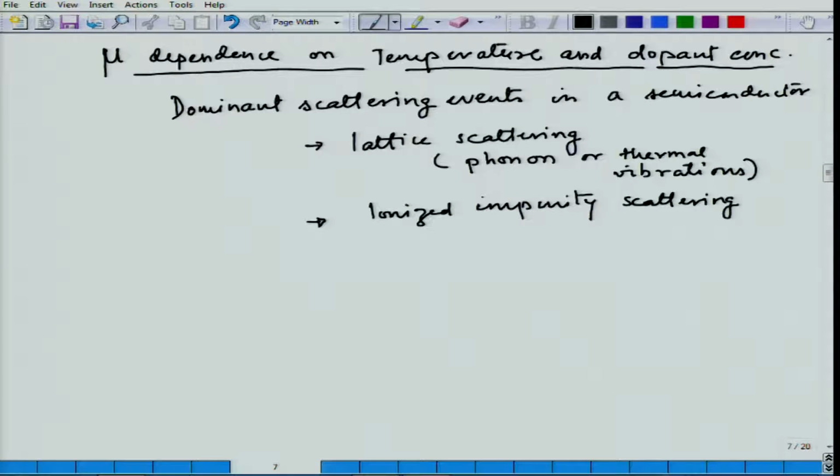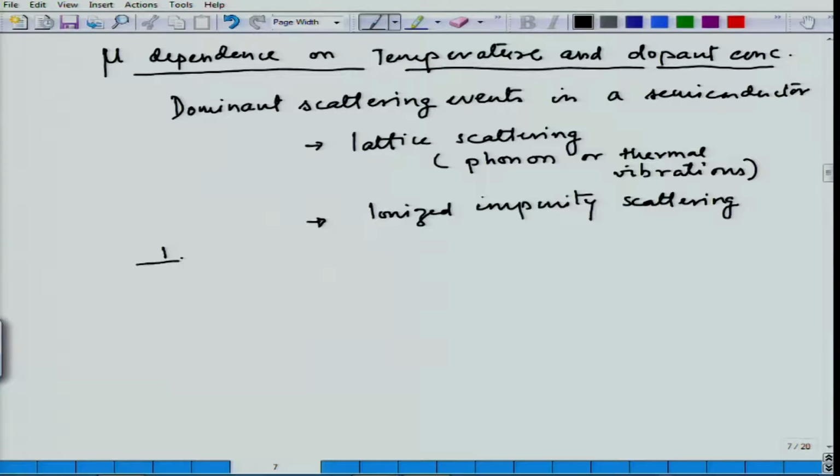The overall effective mobility of the material for electrons would be due to the lattice scattering plus the mobility due to the impurity scattering. I can add these two scattering events as if they are two parallel events, and the overall effect is what I will see in the material.